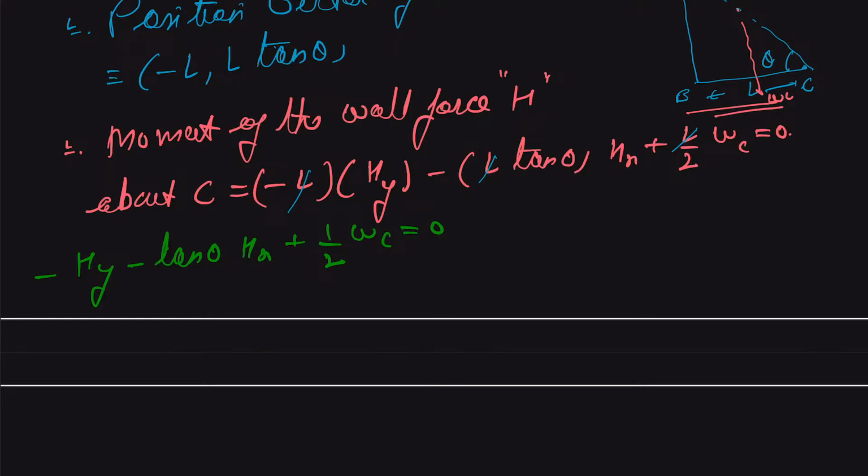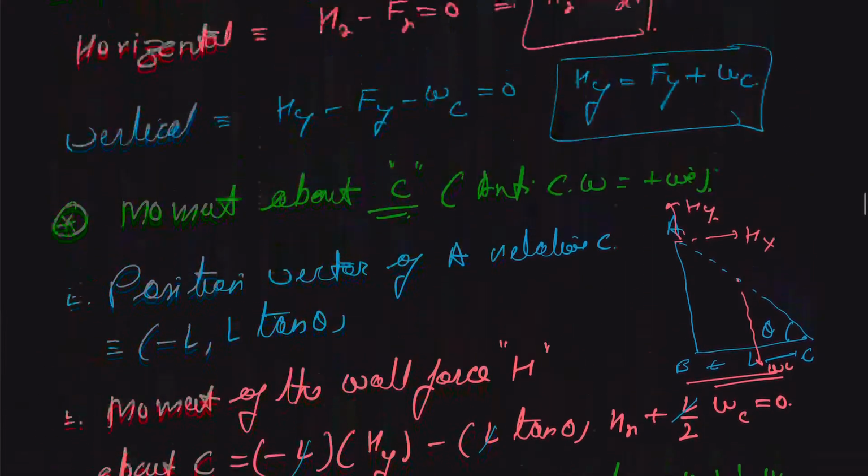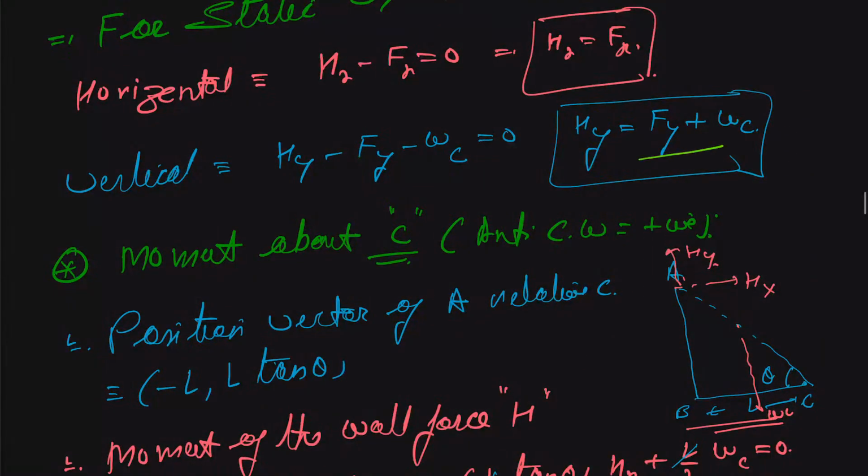And from here we can write that our H of Y is equal to minus tangent of theta H of X plus 1 by 2 W of C. And we already know that our H of Y is F of Y plus W of C.